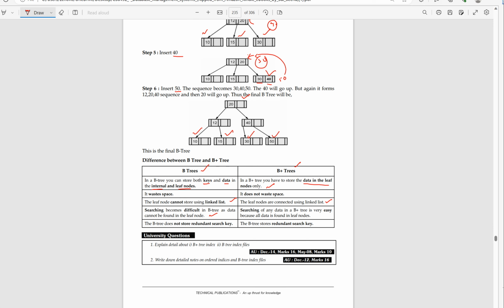In the B plus tree, because all the data are found in the leaf nodes, it is much easier to retrieve all the nodes. So the B tree does not store any redundant search key value, whereas in the B plus tree there will be redundant search values. So that's it. Thank you.